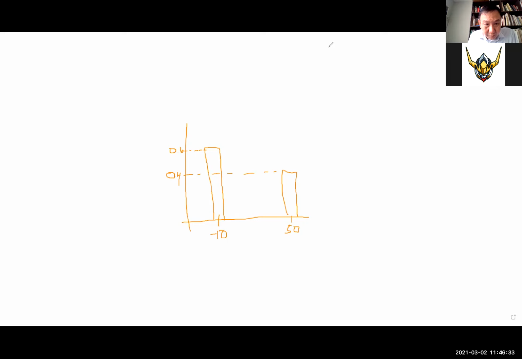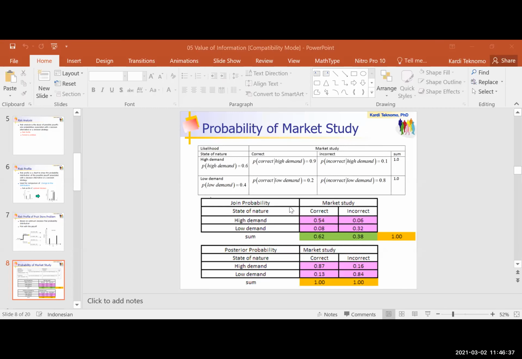Let me share my screen now. Now, suppose you get new information, what is called a market study. A while ago, you did the fruit store problem without market study, right?